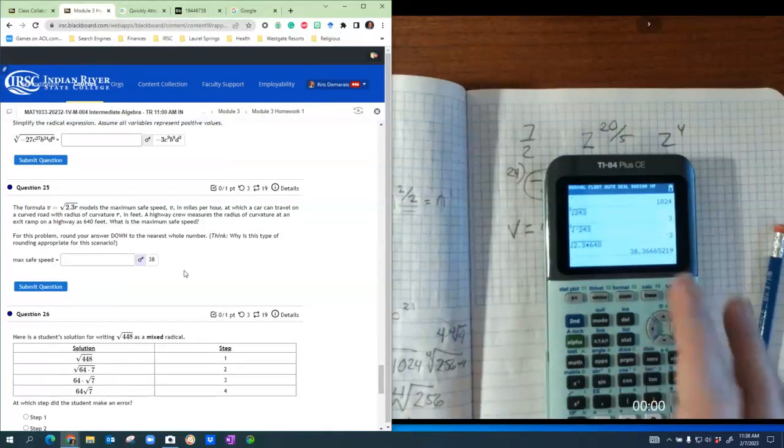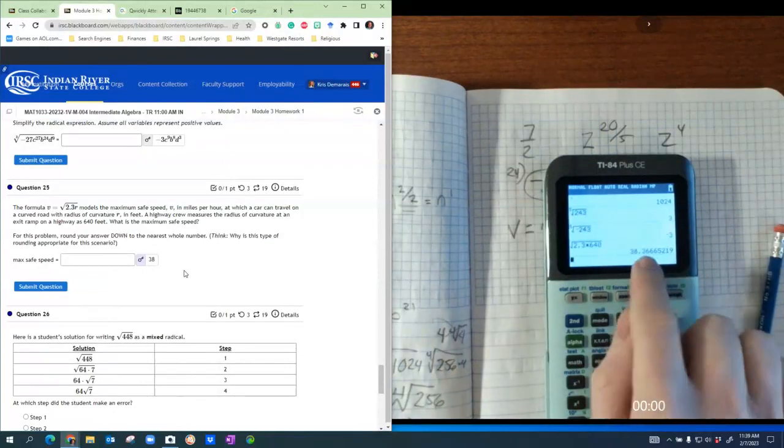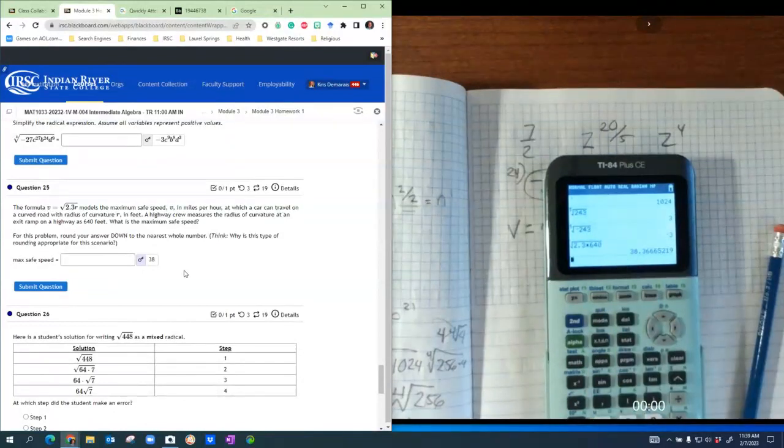Now, it does say for this problem, round your answer down to the nearest whole number. So it does tell you that. It always rounds down the answer, no matter how much it is.